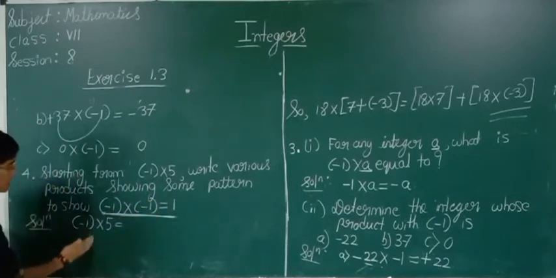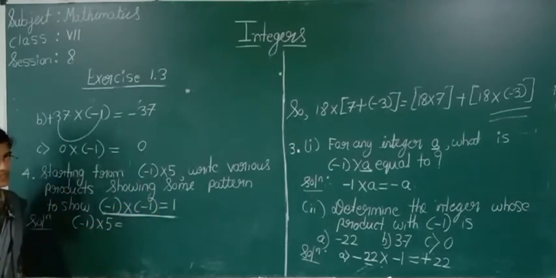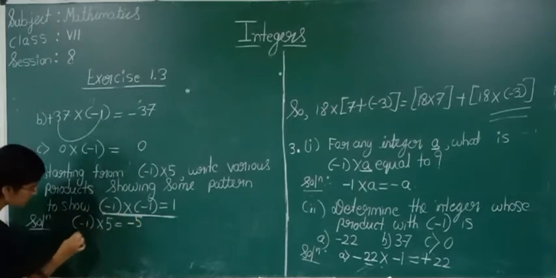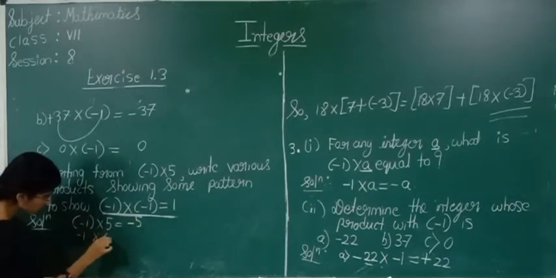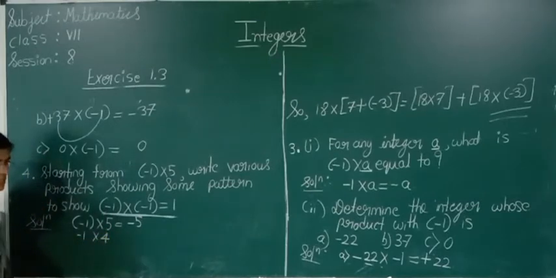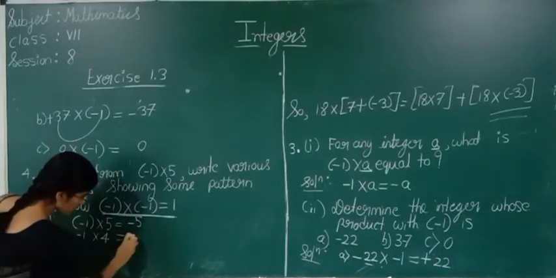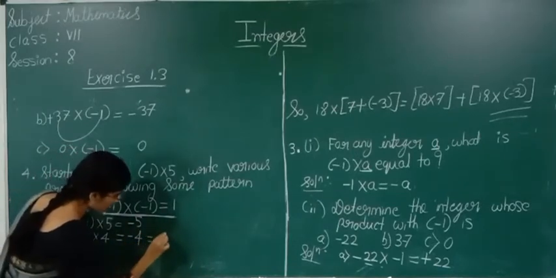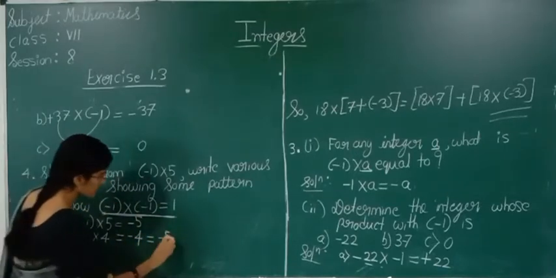Now see here, minus 1 into 5, it is minus 5. Now minus 1 into 4, what is minus 1 into 4? Definitely it is minus 4. That is nothing but minus 5 plus 1.